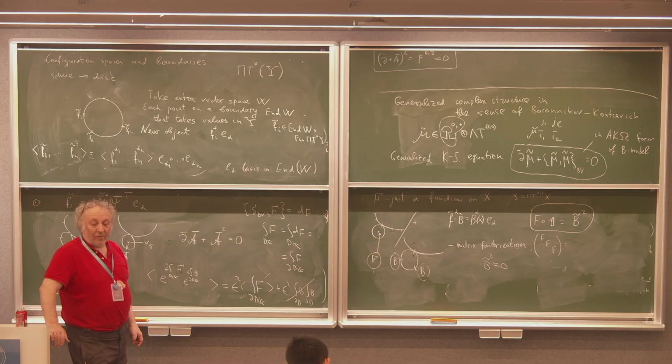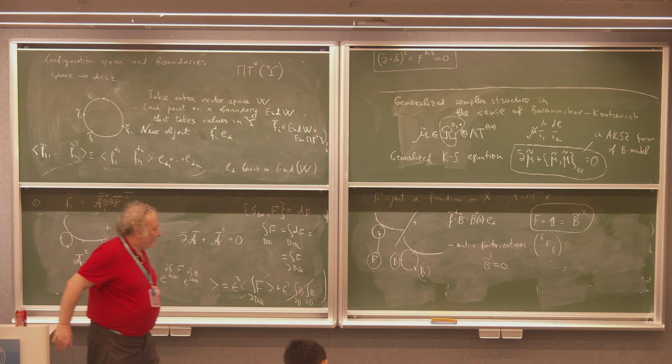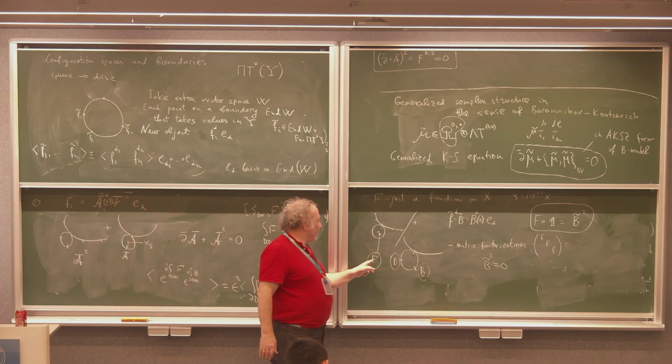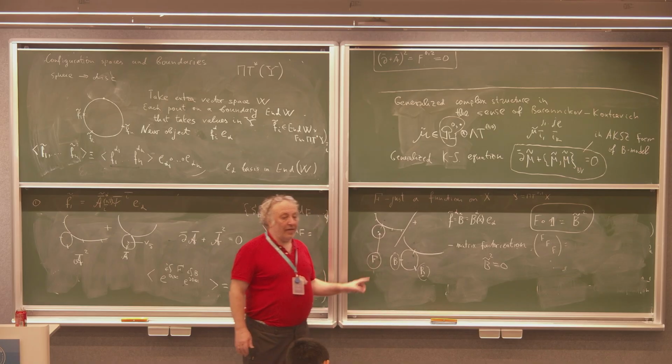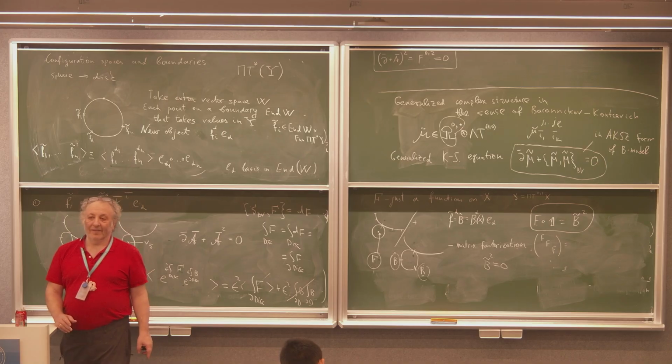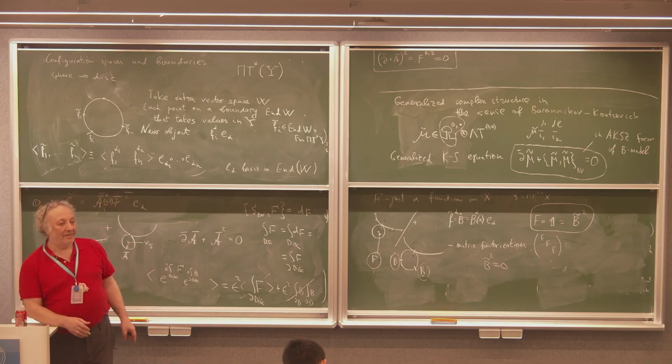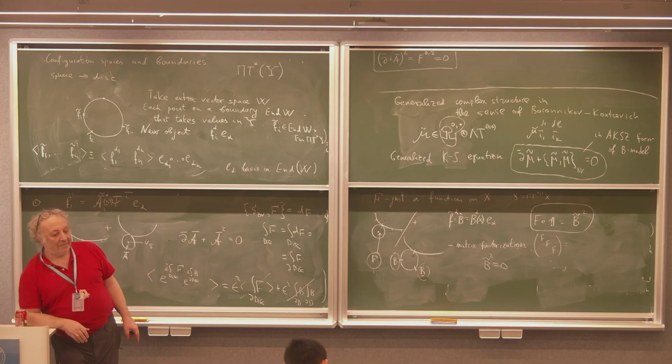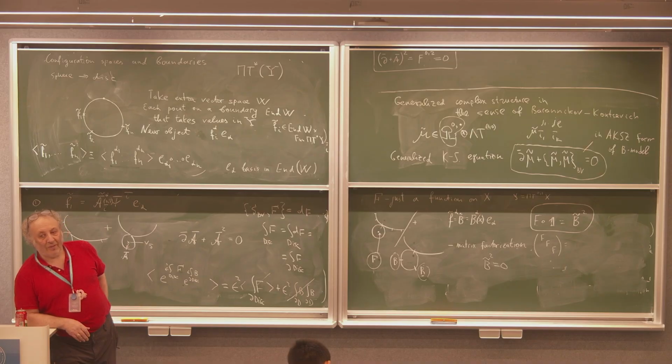Actually, we will have both. But in a very special case, when we also have the F term, we will have something more interesting than a complex. It is a solution to the equation B square equals F times 1.